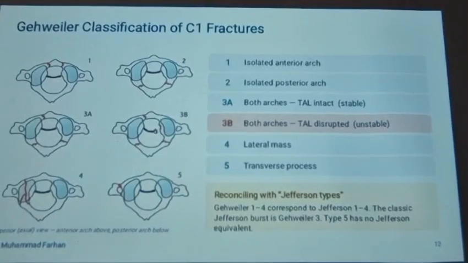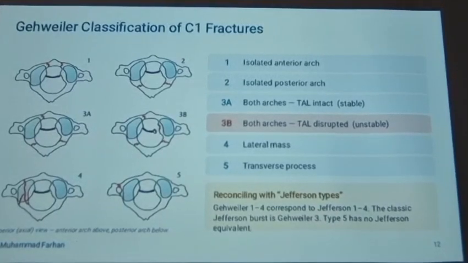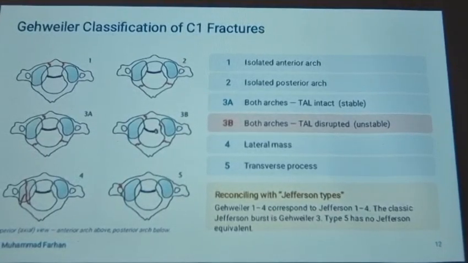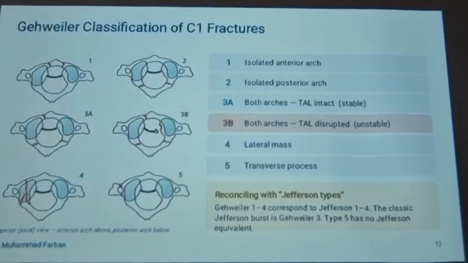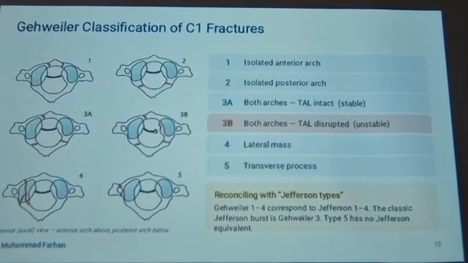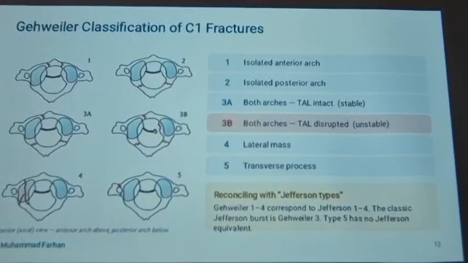So when there is a transverse atlantal ligament injury, we should go for surgery, as the injury causes instability. Usually that is 3A and 3B, the Jefferson type fractures. And usually in the fractures of the lateral processes, the spine is stable and the ligament is not disrupted.